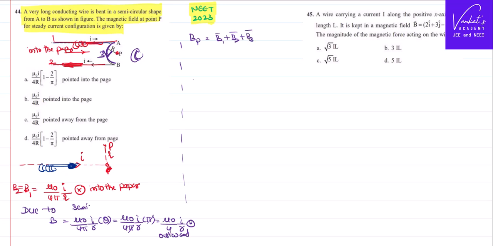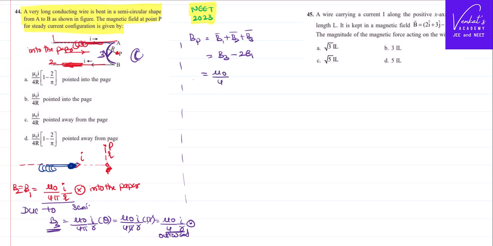If you see carefully, compared with mu naught by 4 pi I by R, for both of them you have to add 2. Mu naught by 4 I by R. In the denominator there is no pi, so B3 is obviously greater than B2. So the resultant is B3 minus 2 times B1, or 2 times B2, because B3 is dominating. What is B3?